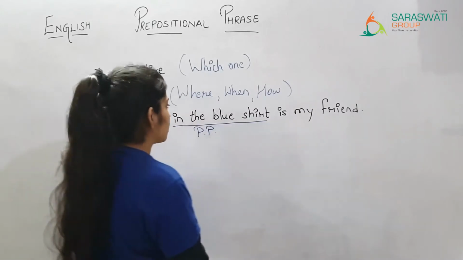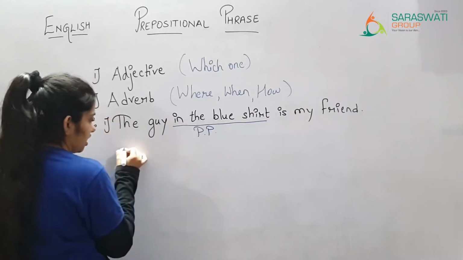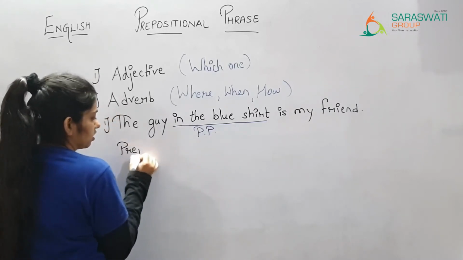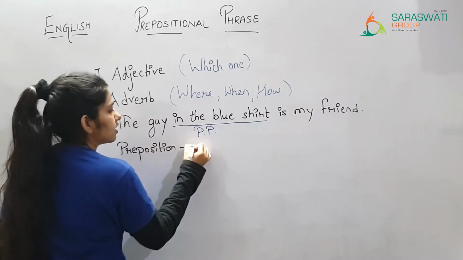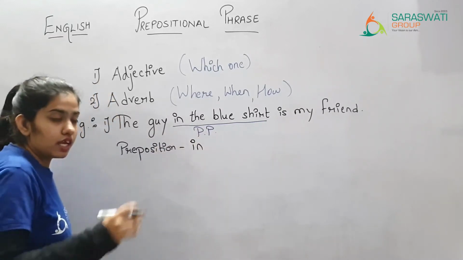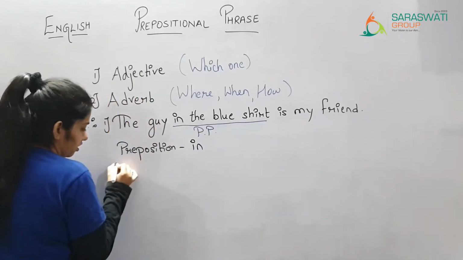Now in this, the preposition is in, right? Now the object of the preposition becomes shirt.